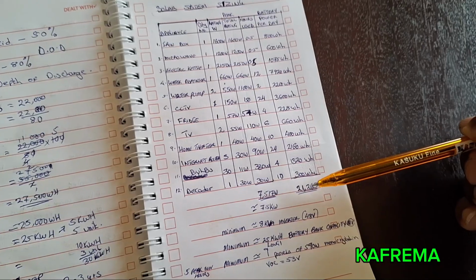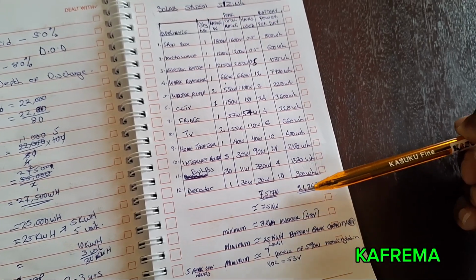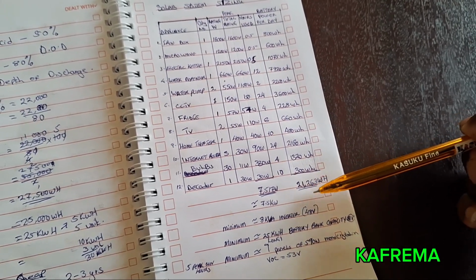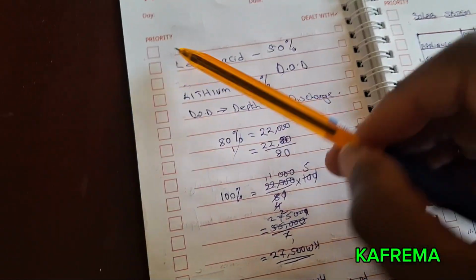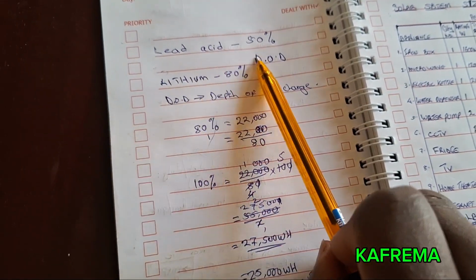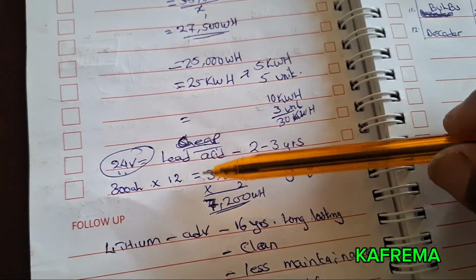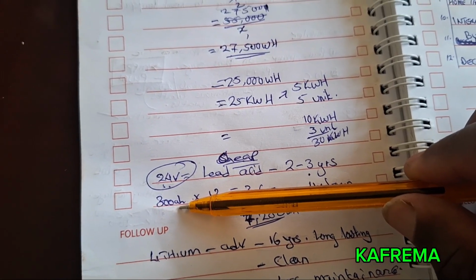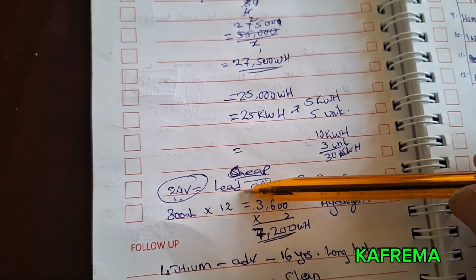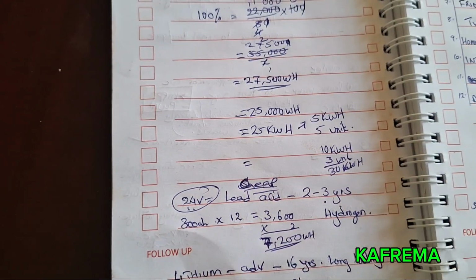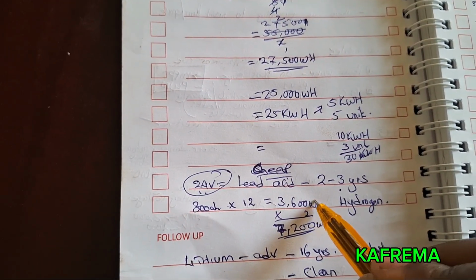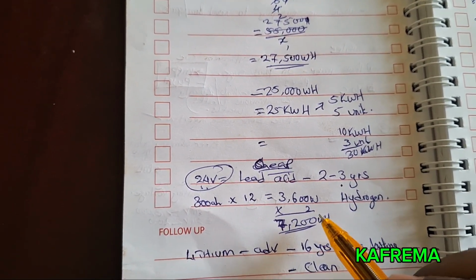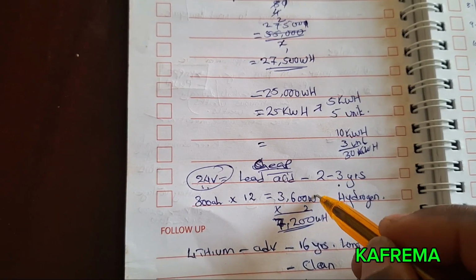Then we said the battery cannot be discharged to 0. So there is depth of discharge. For lead acid, if we have, like this one, a 300 amp-hour battery times the 12, that is 3600 watts.